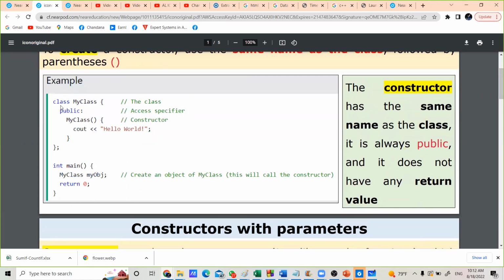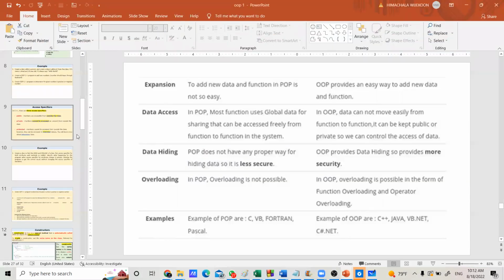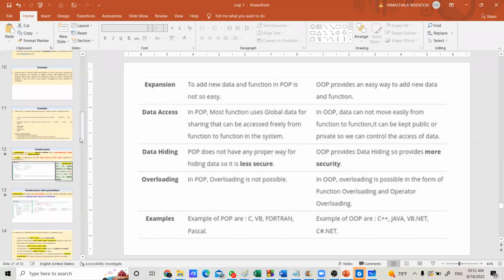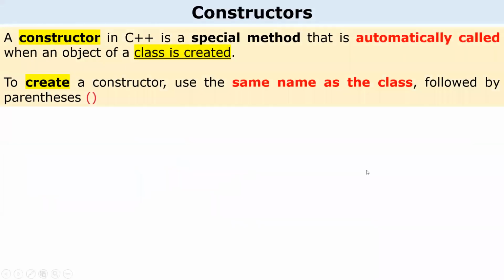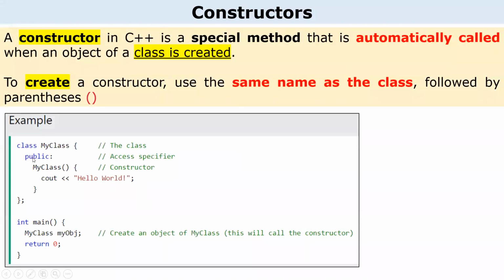Better to keep this note on your computer. I am using the PowerPoint slide presentation here. Look at the example here. Simple example. Here the class name is MyClass. Then one method is available. This is called the constructor.